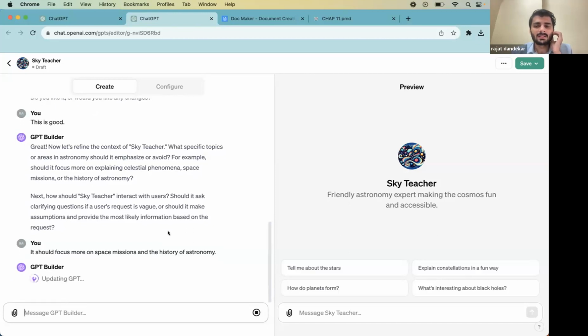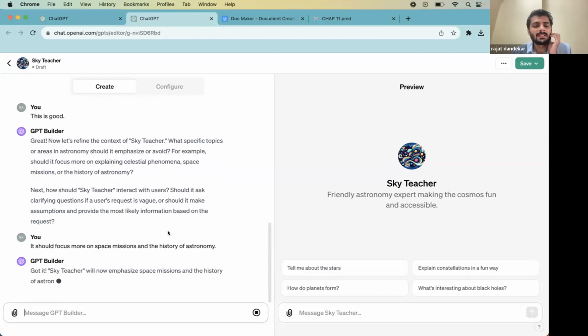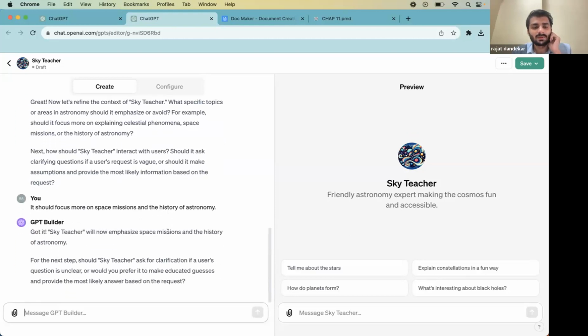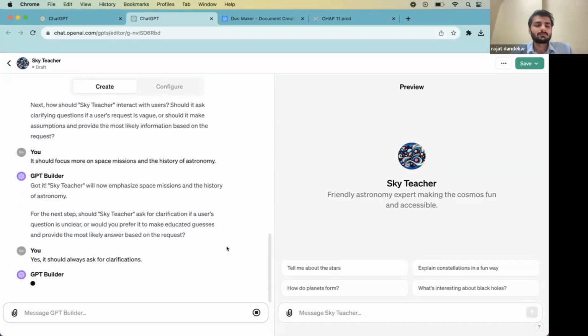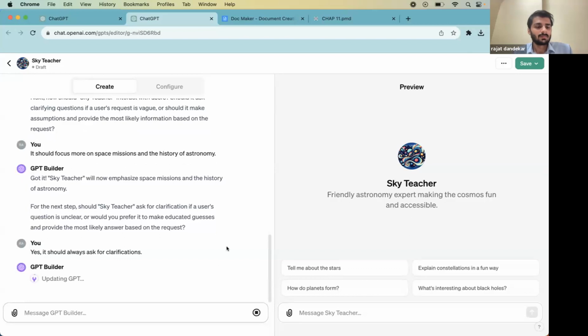So now it again updates the GPT. For the next step, should Sky Teacher ask for a clarification if a user's question is unclear? Yes, it should always ask for clarifications. Now it is again updating the GPT, and on the right hand side you can see that our preview is already ready.